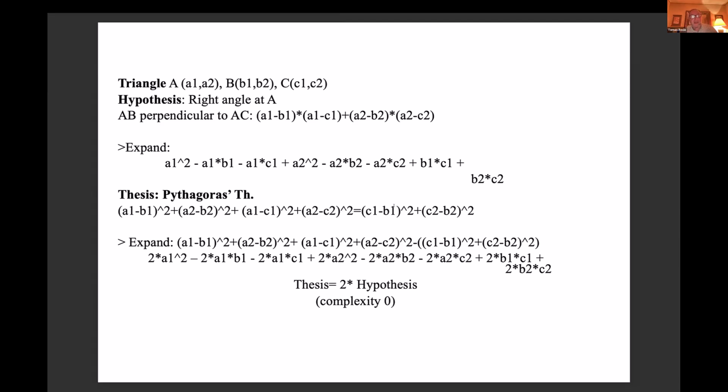Really, if I expand the thesis, I see that the thesis is exactly equal to the hypothesis, only 2 times. So Pythagoras' theorem is trivial, in the sense that the thesis is only a constant times the hypothesis. So I will grade this statement as degree 0, or complexity 0, because 2 is, of course, a constant, degree 0.